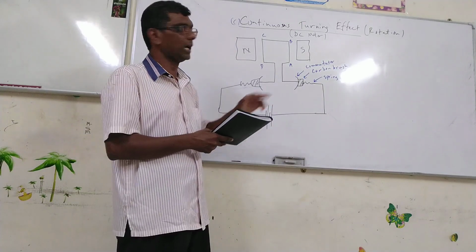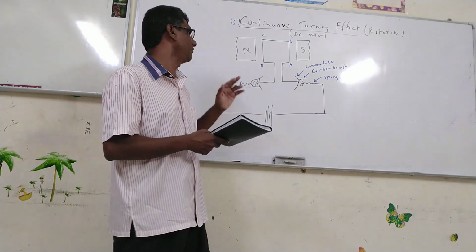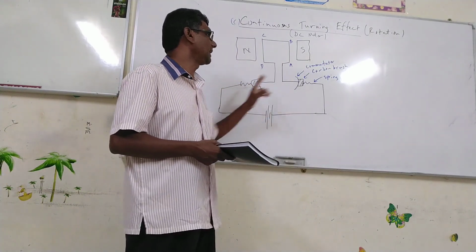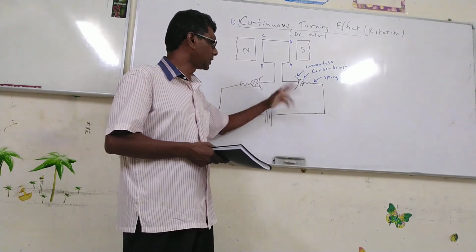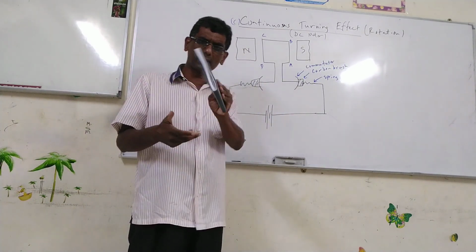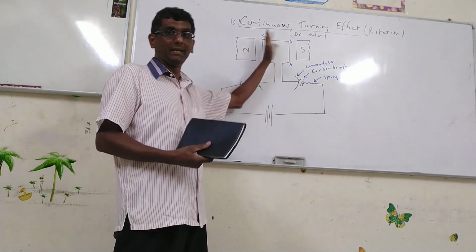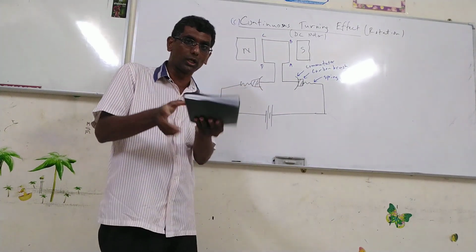This is possible only with commutator and carbon brush. Springs optional. Carbon brush and commutator will cause the turning effect of the coil ABCD, the coil turn.